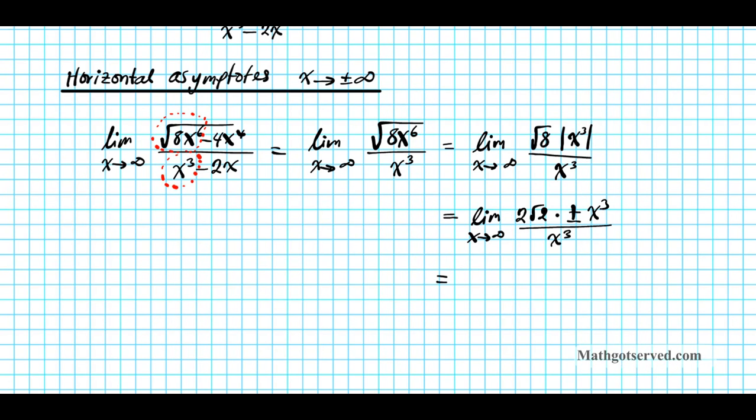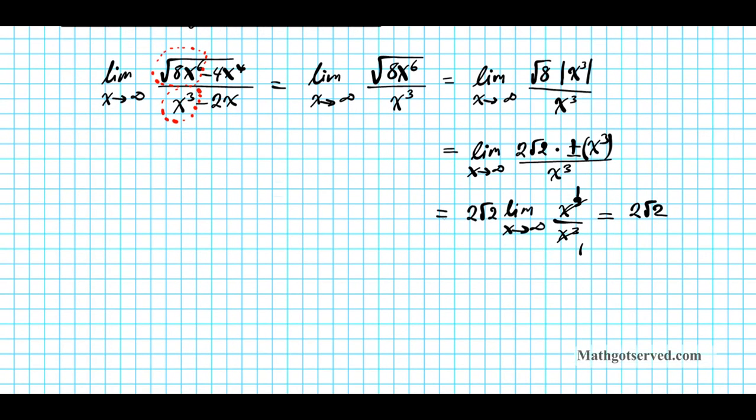So I'm going to write this as 2 root 2 times the limit as x approaches infinity. Since you're going to infinity, it's going to take the positive sign, so it's going to be positive x to the third over x to the third. So the entire limit becomes, this divides to 1, so it's going to become 2 root 2. That's your limit as x approaches infinity. So there goes one horizontal asymptote.